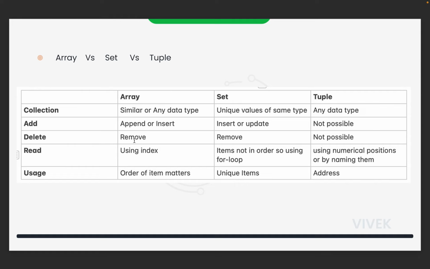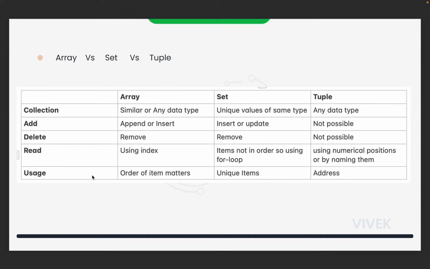Similarly, for delete we have the remove option in array. Sets also have the remove option, but it's not possible in tuple. For reading an array, we can read the values using the index. For sets, as they're in random order, we definitely need to use a for loop. For tuple we can use the numerical positions or the labels or names used.